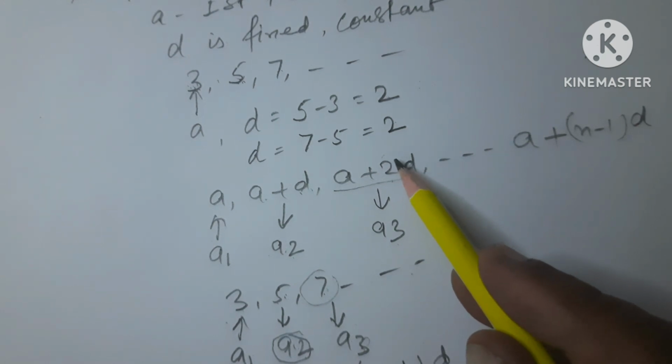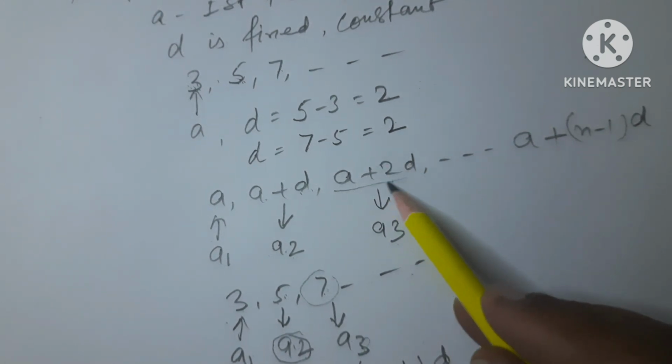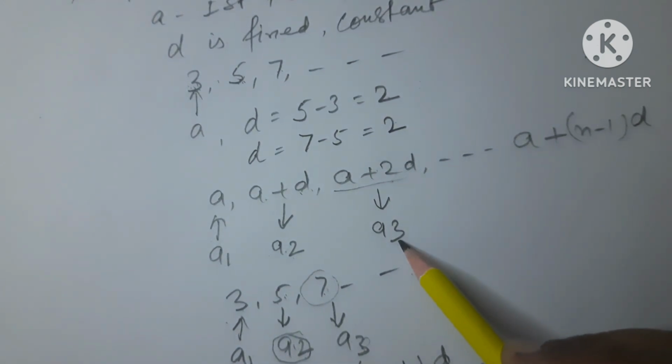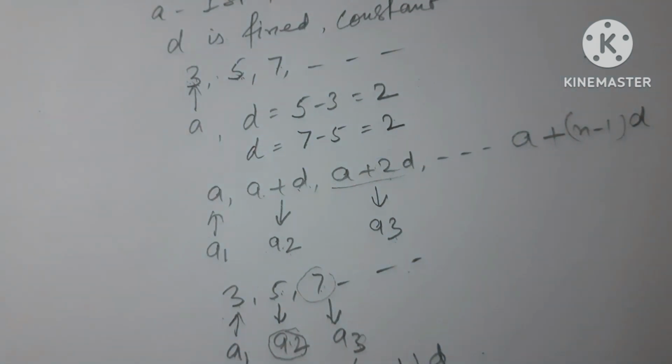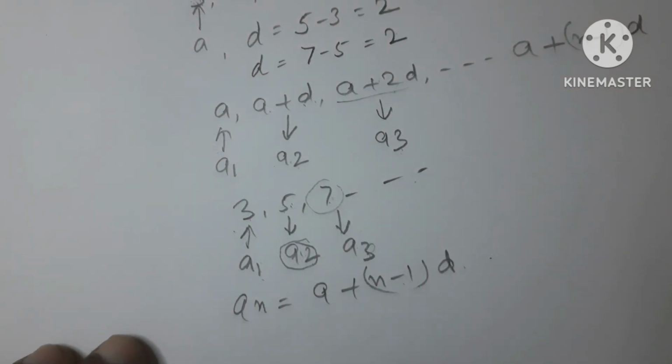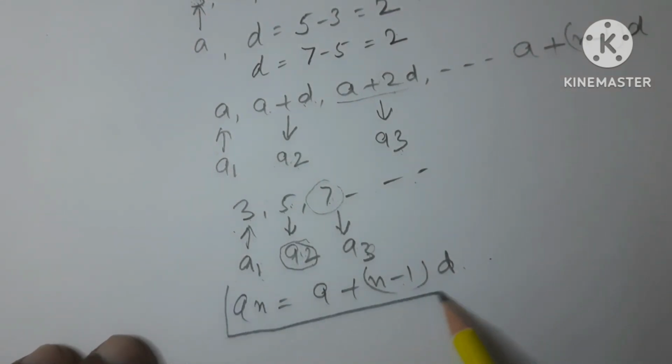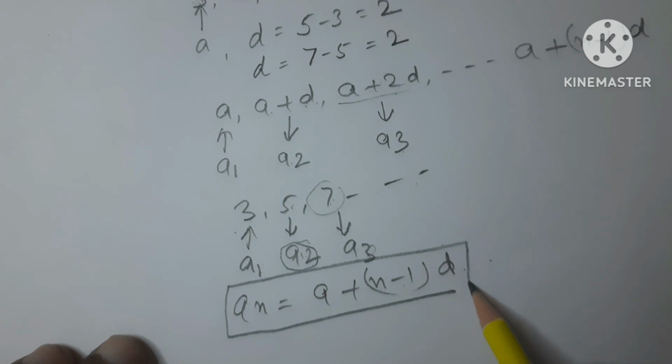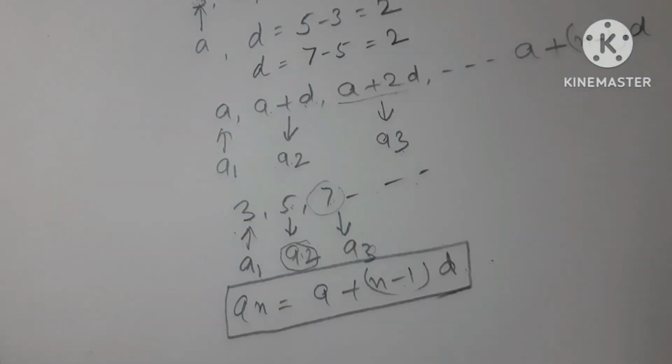That means d is 1 less than the number of terms. So that is why the nth term would be a plus n minus 1, 1 less than the number of terms, into d. So this is an important formula. Based upon this information, let us do the questions.